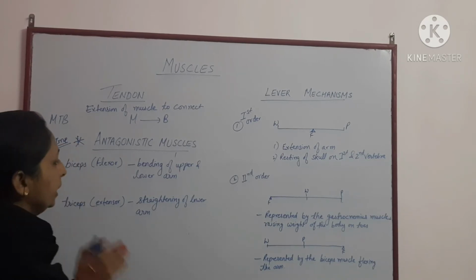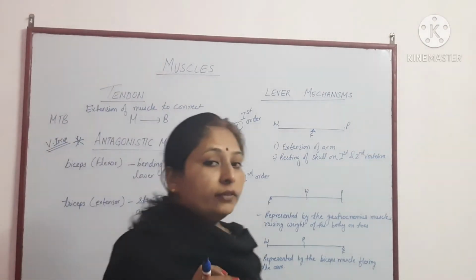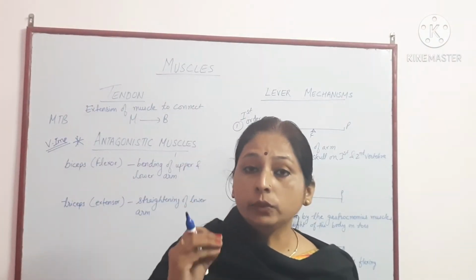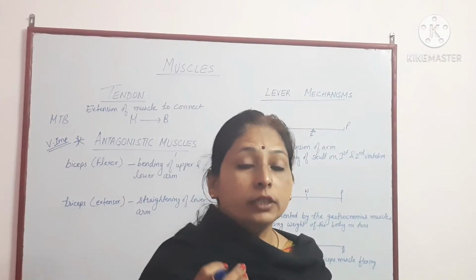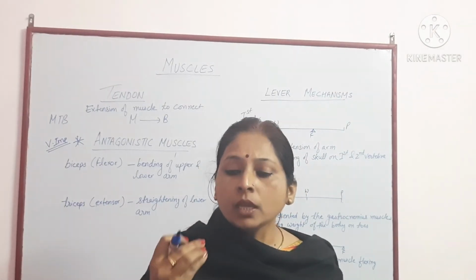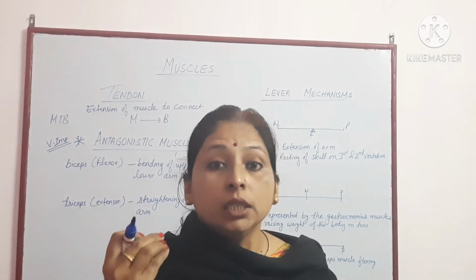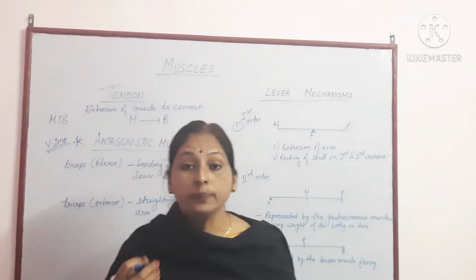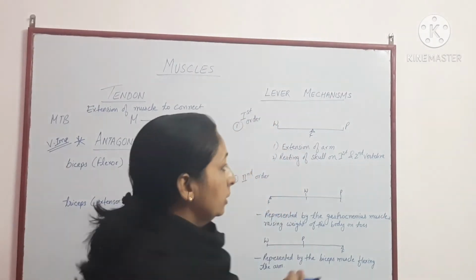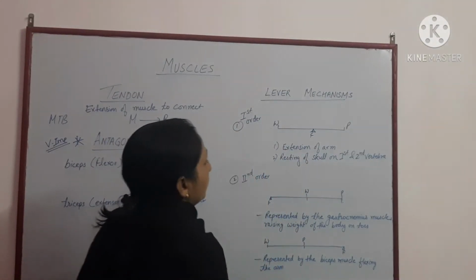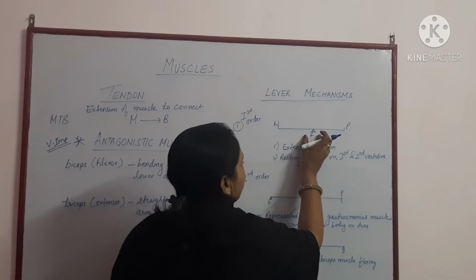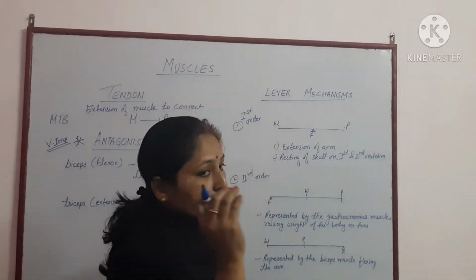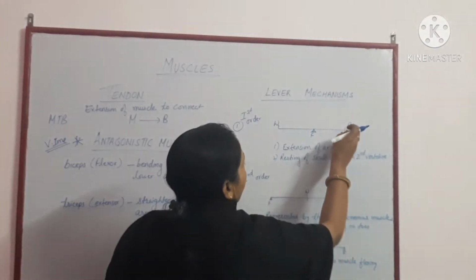Antagonistic muscles. Now the lever action: to allow smooth, free movement, the skeletal system uses the lever mechanism, which you have studied in the physics chapters. First order lever mechanism is the one in which the fulcrum is between the work and the power, the area where work is done and where power is applied.